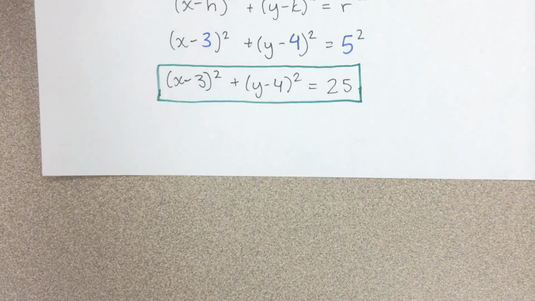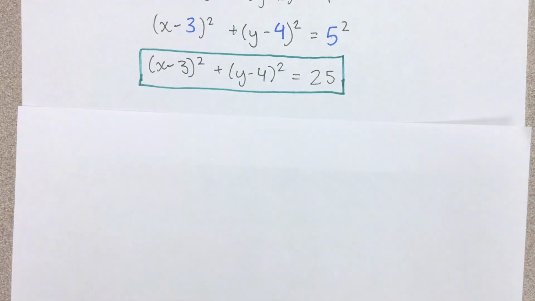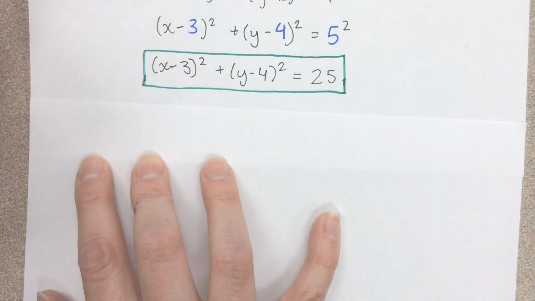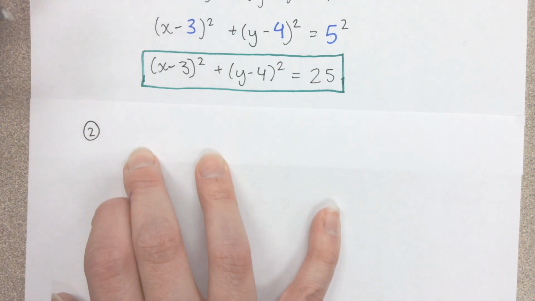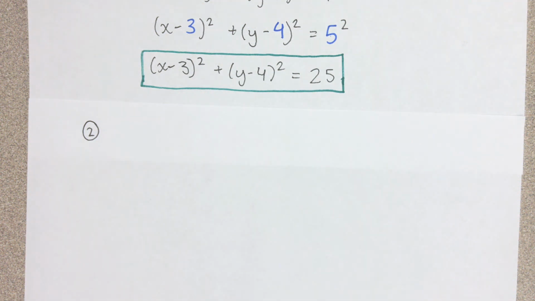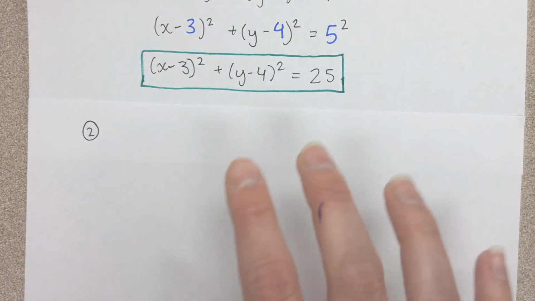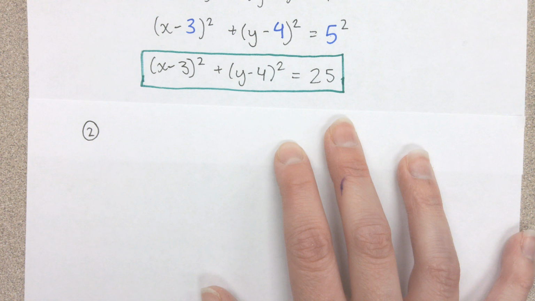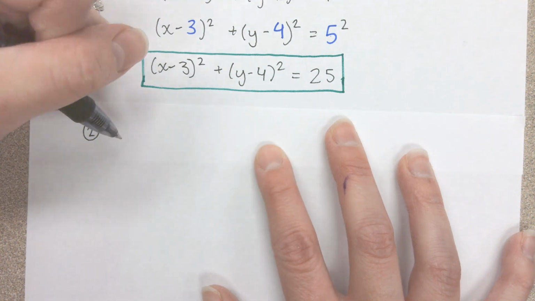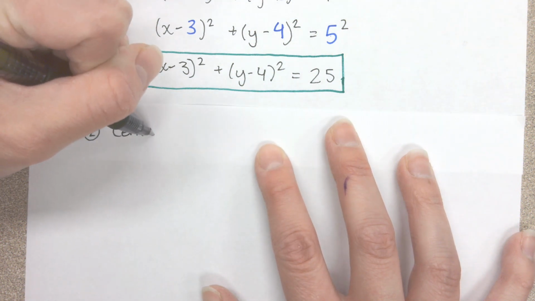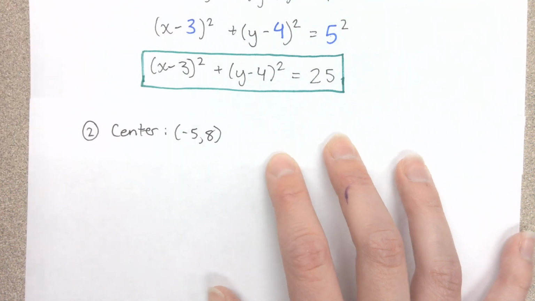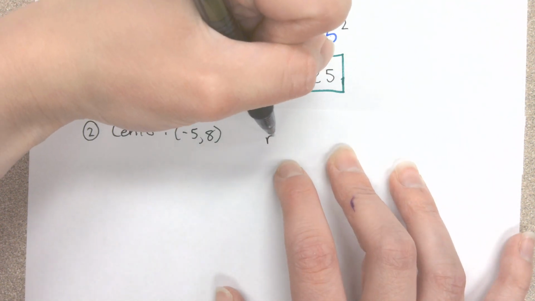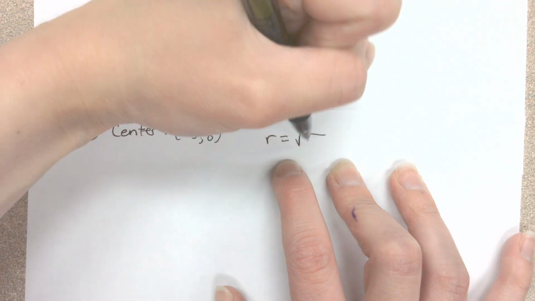I'm going to do one more of those. Second example, we have a center of (negative 5, 8). And the radius r is square root of 13.